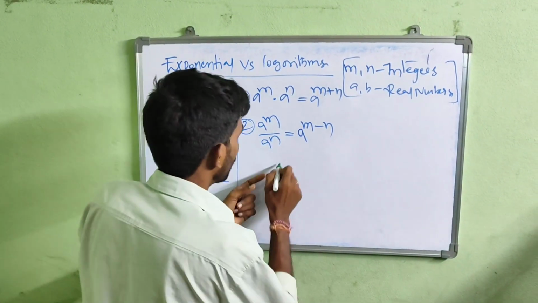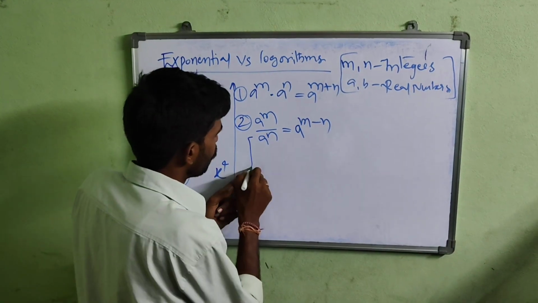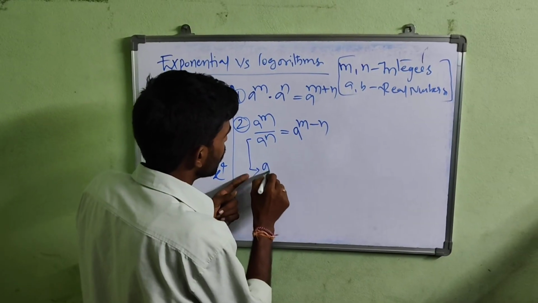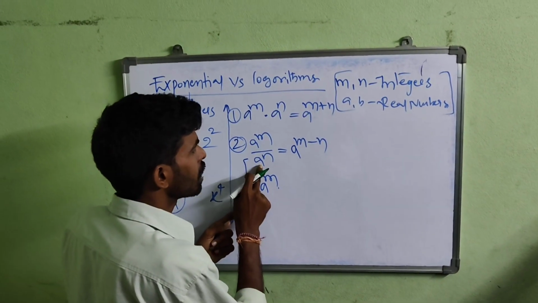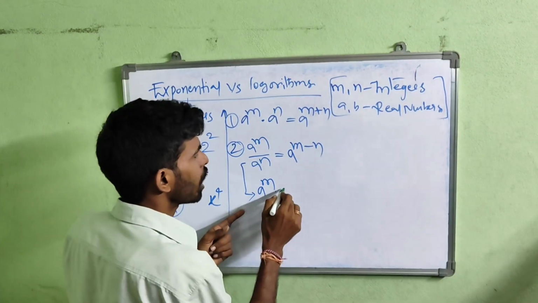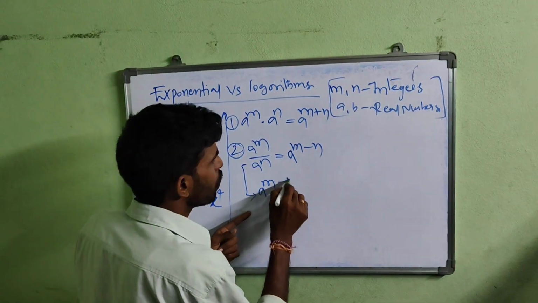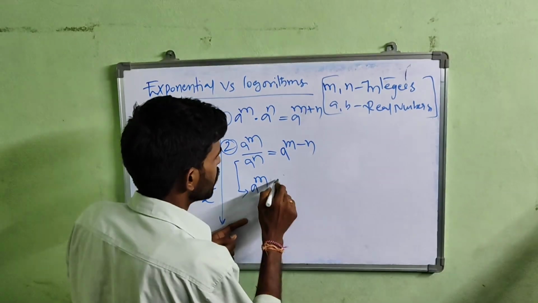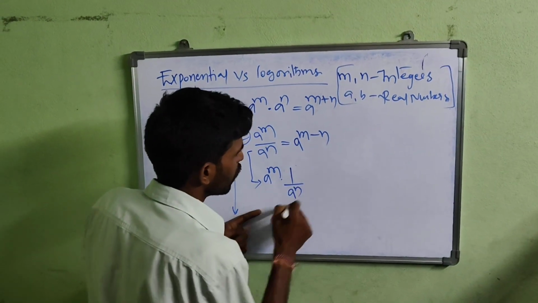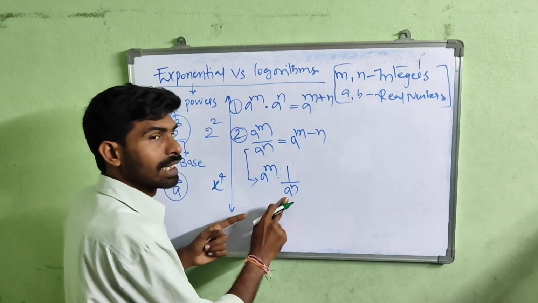Why? I will write here. a power m divided by a power n is the same as a power m into 1 by a power n.